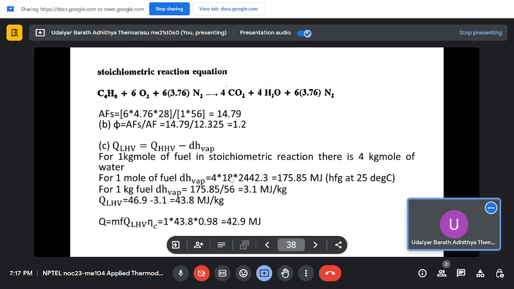So for 1 mole of fuel, 4 into 18 into 2442.3, where HFG is 2442.3 kJ per kilomole. We are converting that, 18 being the molecular weight, into 4. So this will give me 175.85 megajoule.